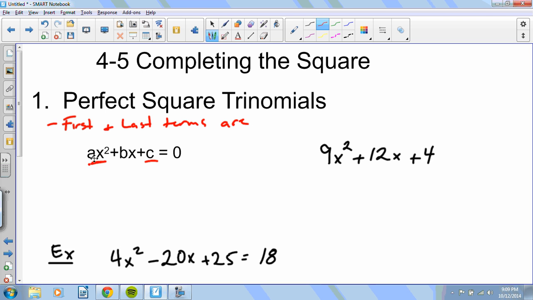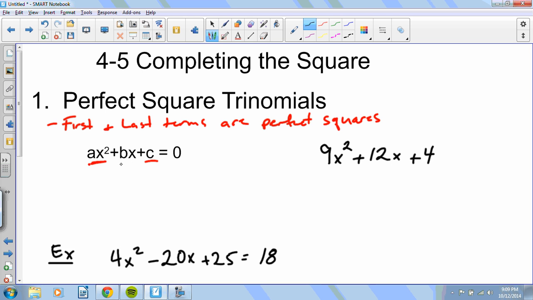So if I had like 5x squared, 5 is not a perfect square, so it doesn't work. I need to make sure that I have perfect squares beginning and ending the expression. If I look over here at this specific example, 9x squared, that's a perfect square, so that's okay. 4, that's a perfect square. So that qualifies that first statement.